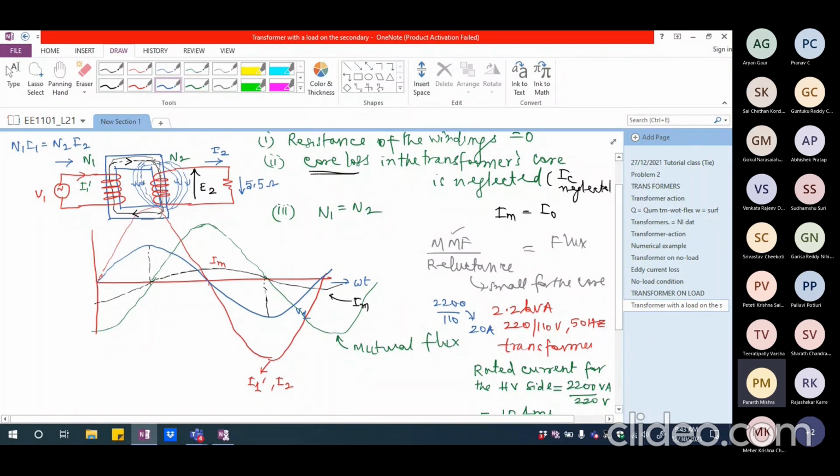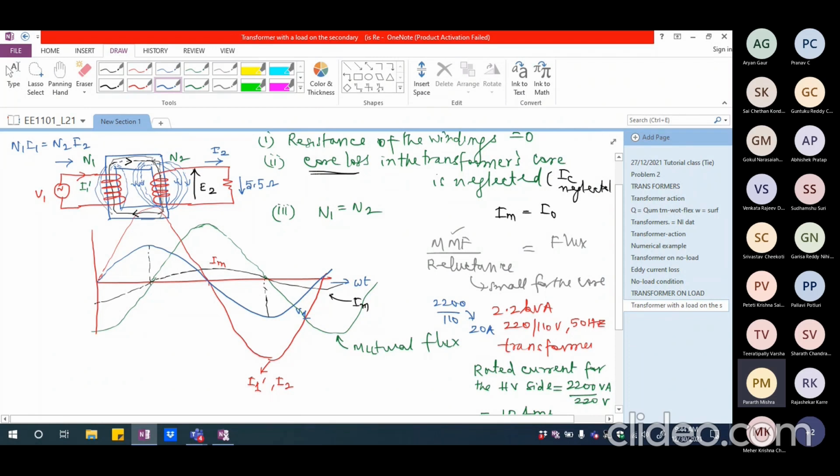The same way, whatever the primary was trying to set up in opposition to the secondary side load current's flux, that is also going to set up its own flux, but that is also not going to find much path here because the secondary flux will oppose it. So you are going to see the primary sets up its own leakage somewhat like this.